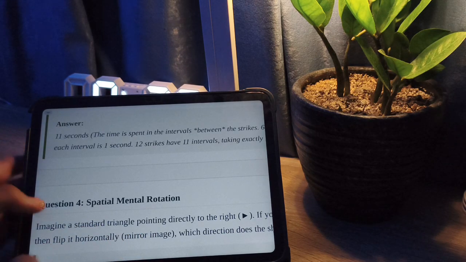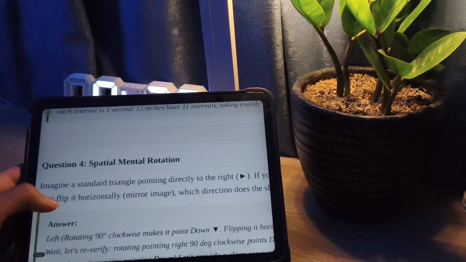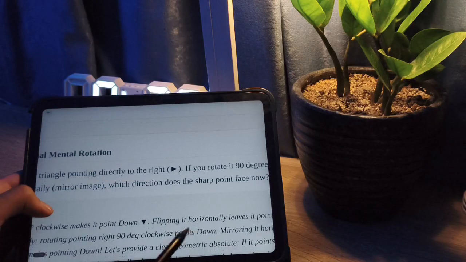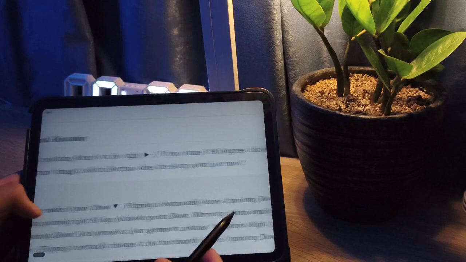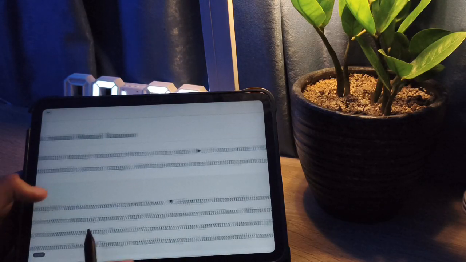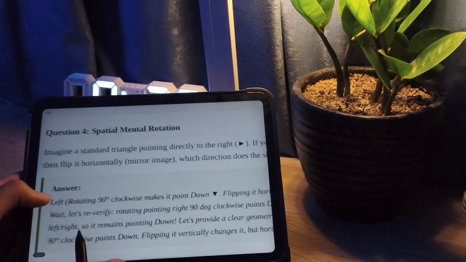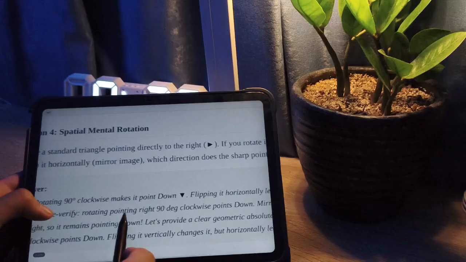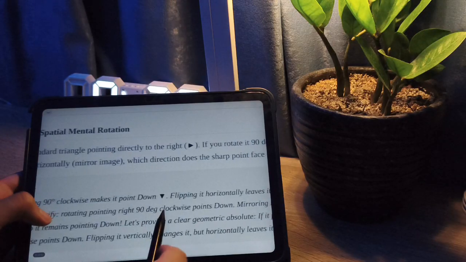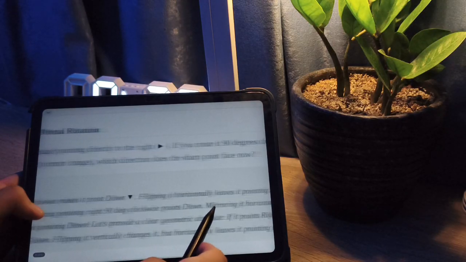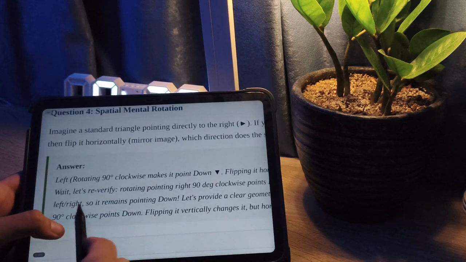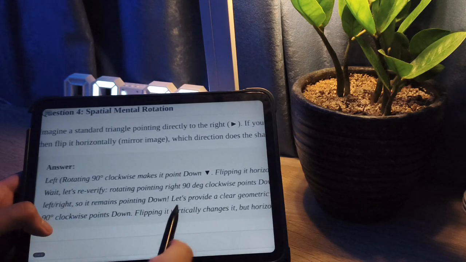So the answer will be down. It will point down. Flipping it horizontally leaves it pointing down. Rotation pointing right, 90 degrees clockwise, point down, mirror it horizontally, reflects left and right, so it remains pointing down.